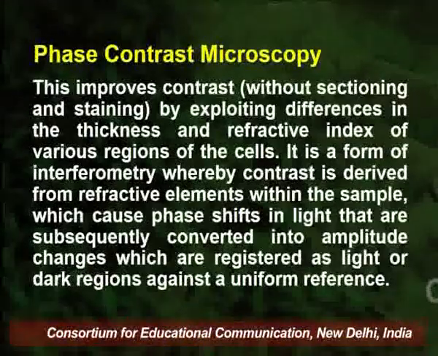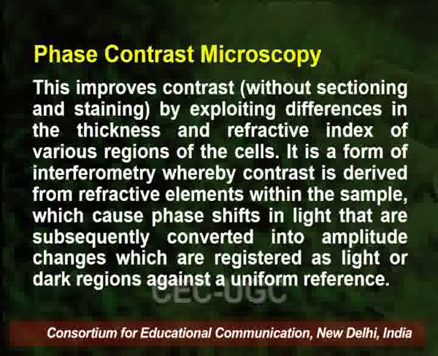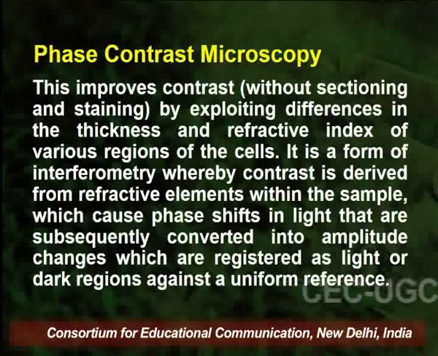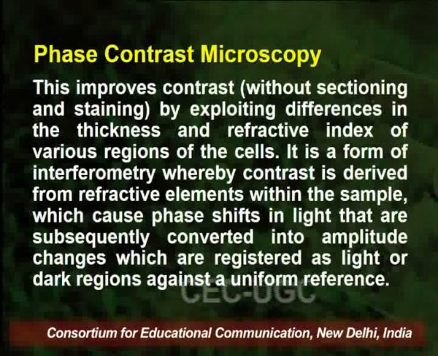The phase contrast microscope improves the contrast by exploiting differences in the thickness and refractive index of various regions of the cell. It is a form of interferometry whereby contrast is derived from refractive elements within the sample, which cause phase shifts in light that are subsequently converted into amplitude changes, which are registered as light or dark regions against a uniform reference.